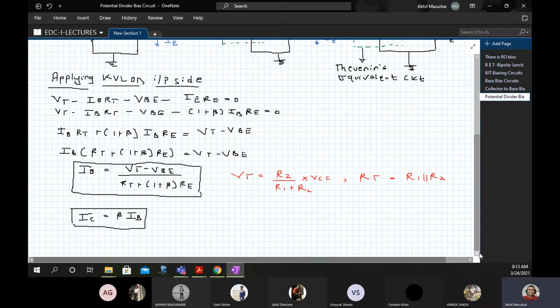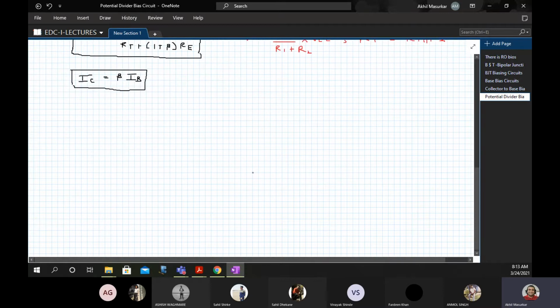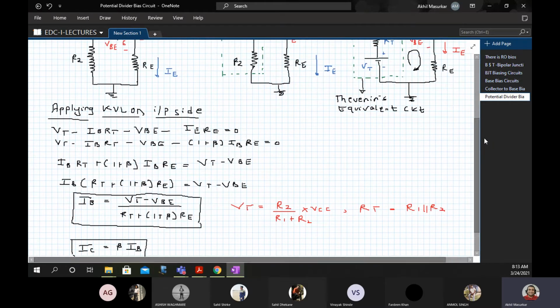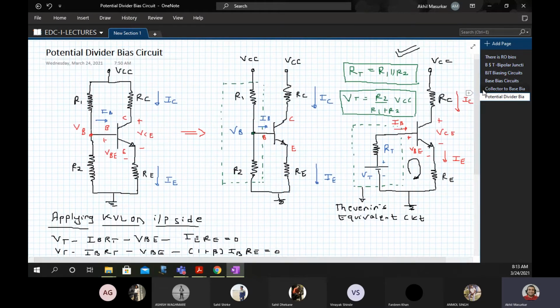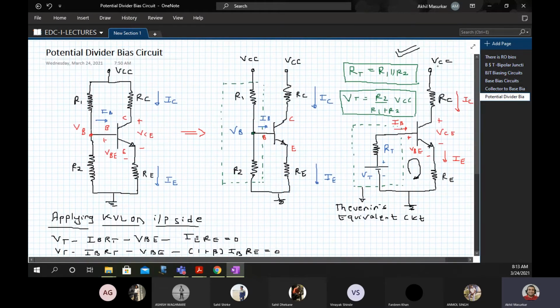Now we will apply KVL on the output side, sorry, output side, not input side. Input side just now we applied here. Now output side means, you can see here on the output side we have VCC, then we have RC and IC is flowing through it, then we have a voltage drop VCE, then we have IE into RE.